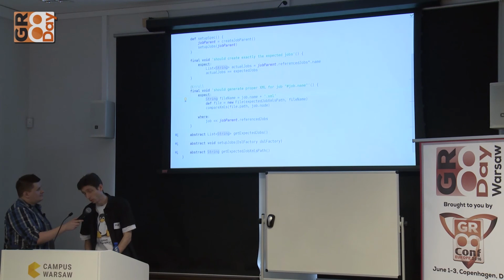It's sufficient in most cases, which is very useful when you do refactoring and modify your framework or your build script, to ensure that generated jobs don't change. We can take a look at the API.